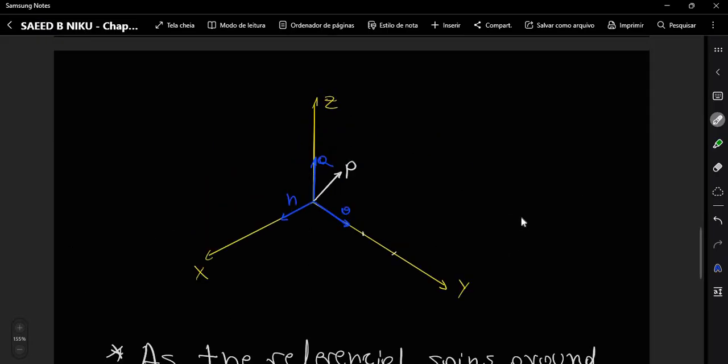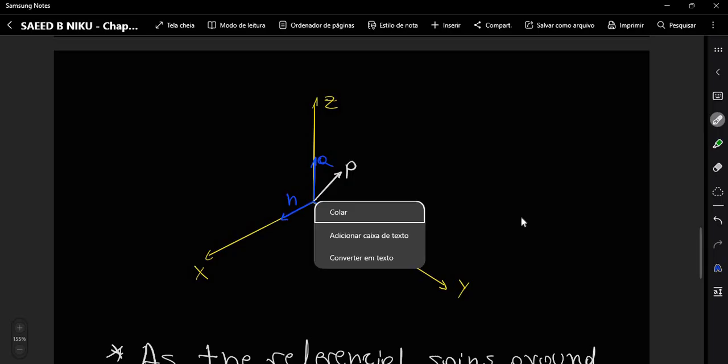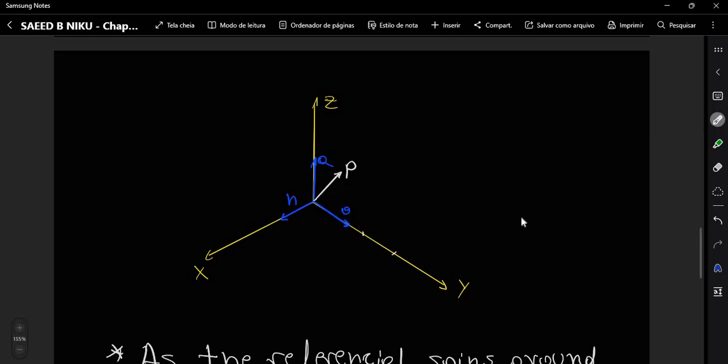What does that mean? That means that the referential is now going to change directions.